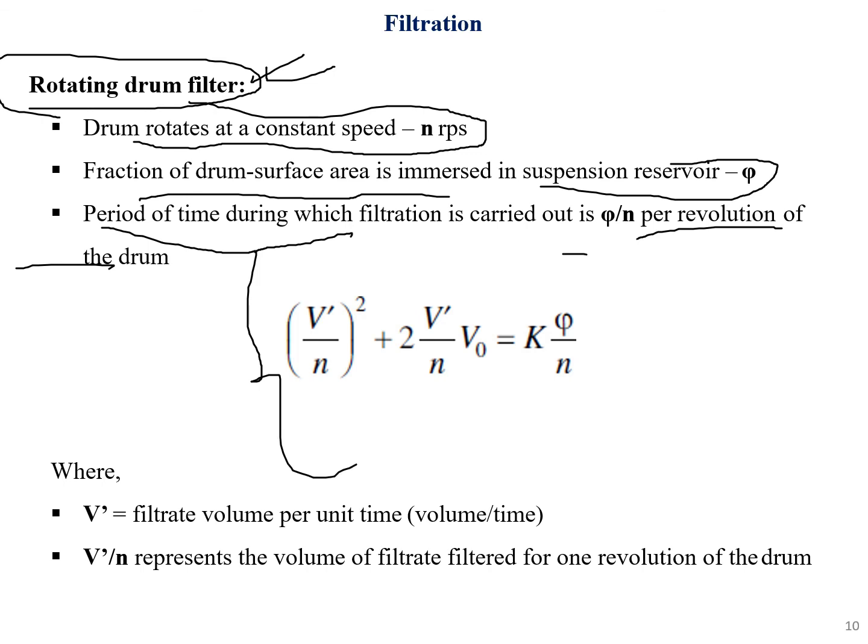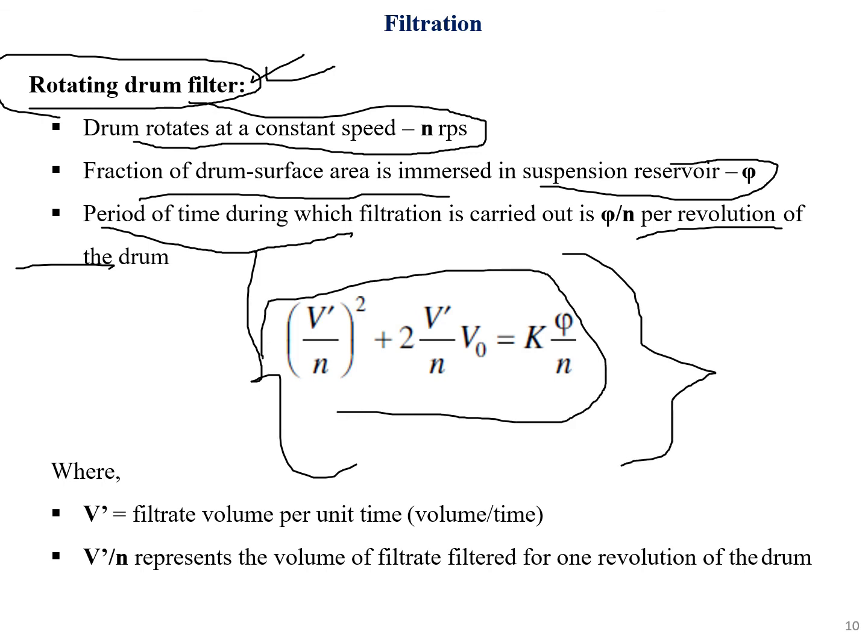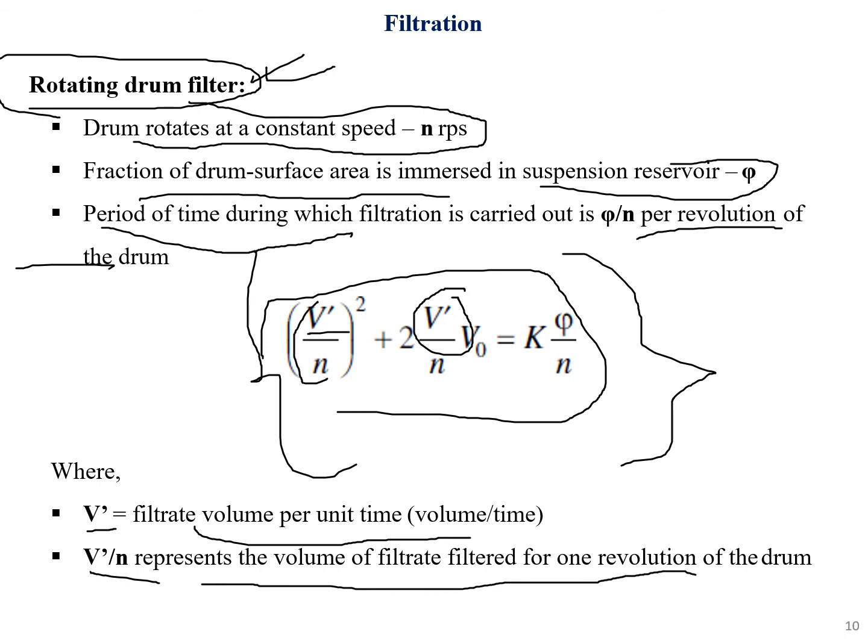So this is not important, but this is just a derivation for your information. All right, where v dash is the filtrate volume per unit time, and v dash by n represents the volume of filtrate filtered for one revolution of the drum. So this is the thing for the rotating drum filter.